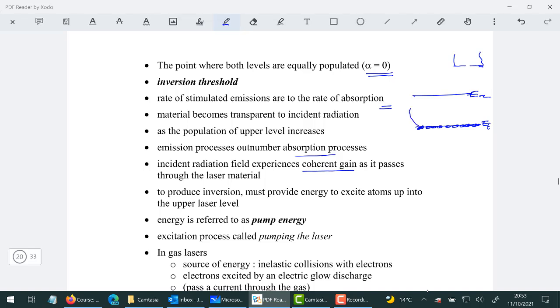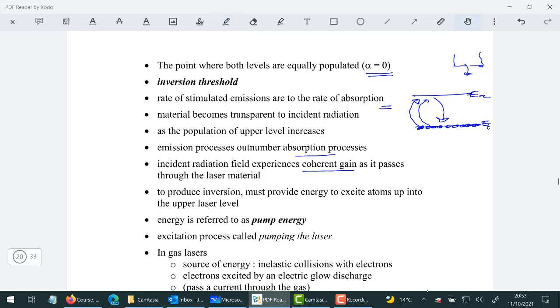So that as we pump atoms up into level 2, if we don't do anything, then some of them will fall back down into level 1 spontaneously.